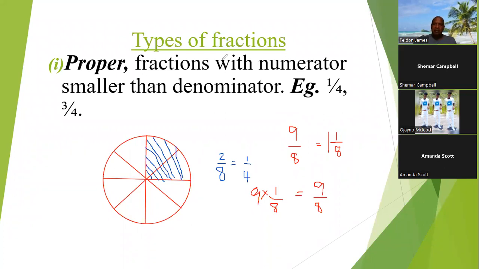All right, so I hope you guys are getting the idea behind why we have proper, why we have improper, and why we have mixed. Any questions, students? Is it clear to you now? Can you raise your hand if you're clear on what I've been saying?